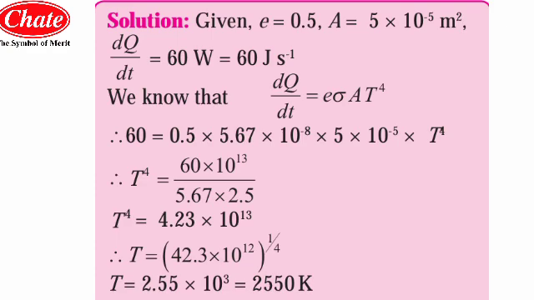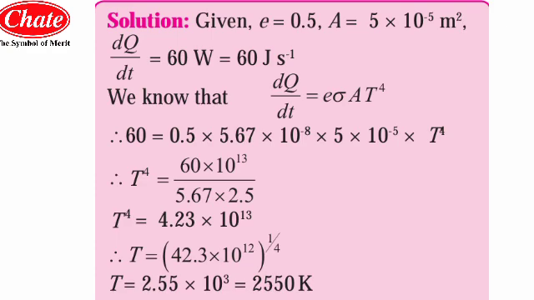If you convert it into joule per second, then it will be 60 joule per second, or 60 joule second raised to minus 1. So students, we have the formula dQ by dt, that is the heat radiated per unit time. dQ by dt is E into sigma into A into T raised to 4. So this is the formula.